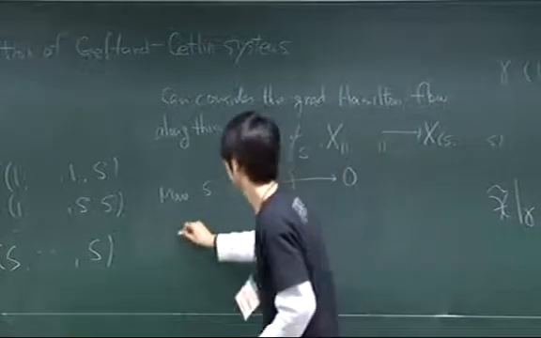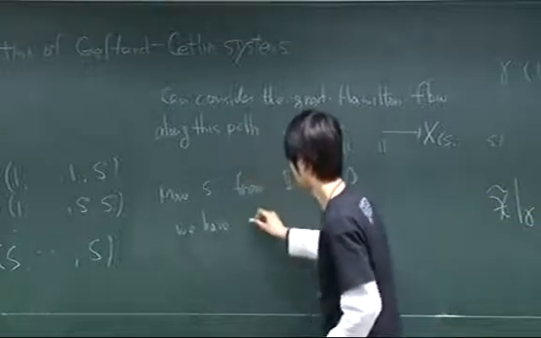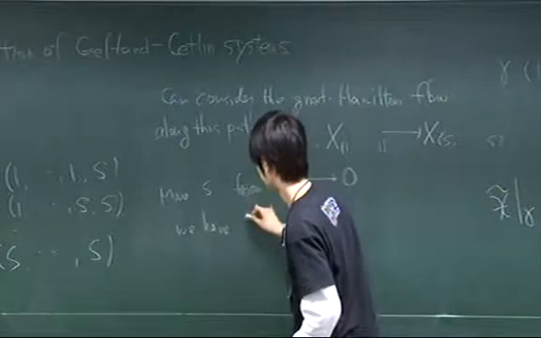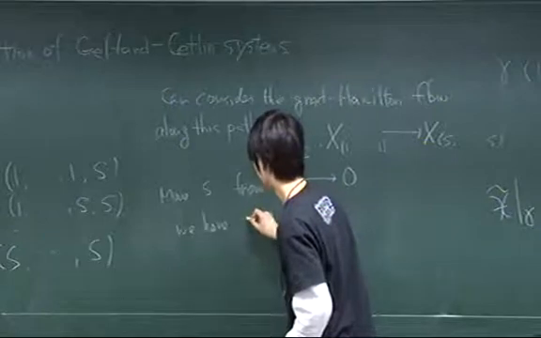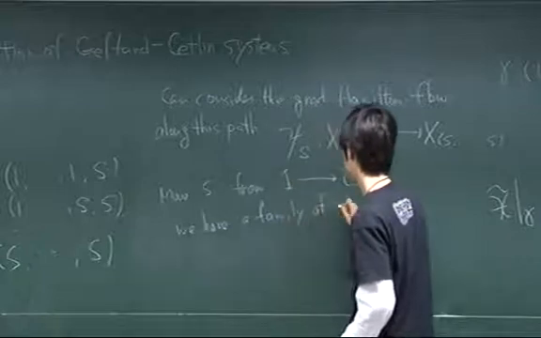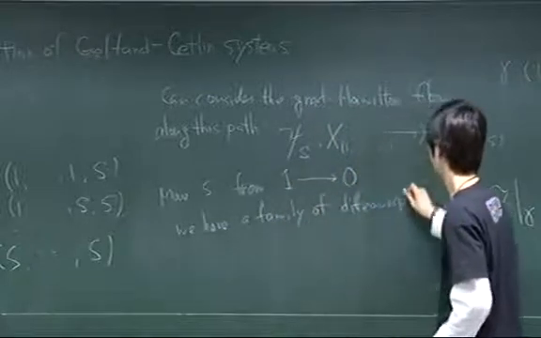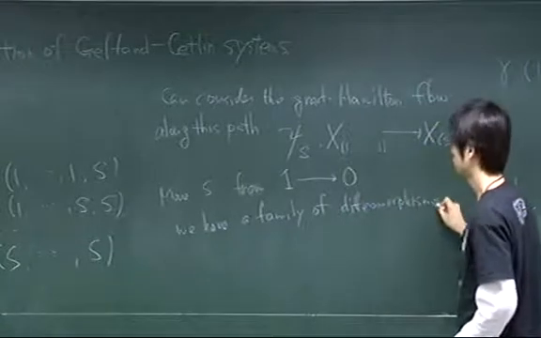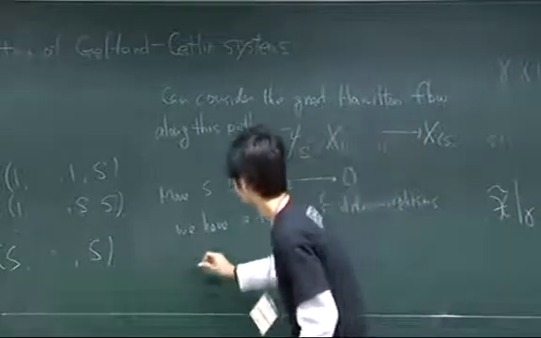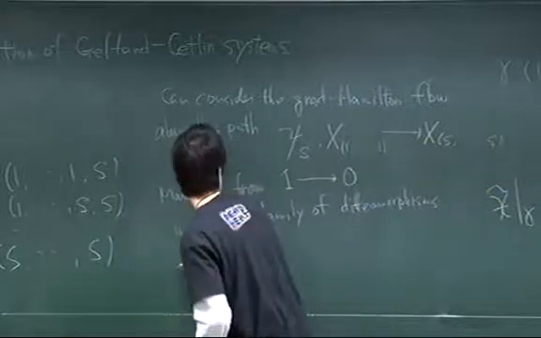We again have a family of diffeomorphisms, and this gives the phi tau.